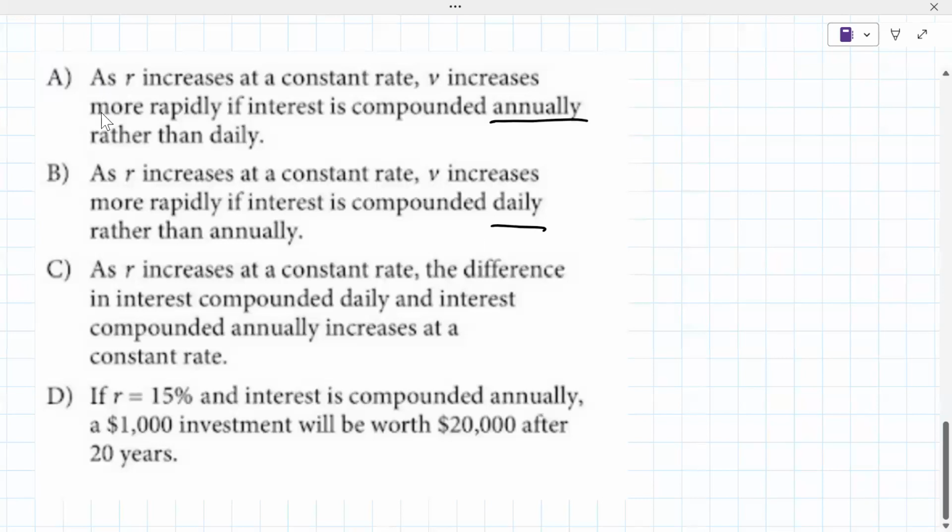It's okay if you can't. I'm just throwing that out there. Because it would compound faster if it was daily, not annually, because it'd be more frequent. Yeah, exactly. So A is wrong for that reason. Is B correct for the reverse reason? Yes, exactly. So the answer is actually B without doing anything.